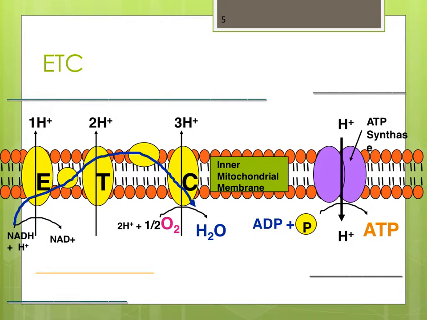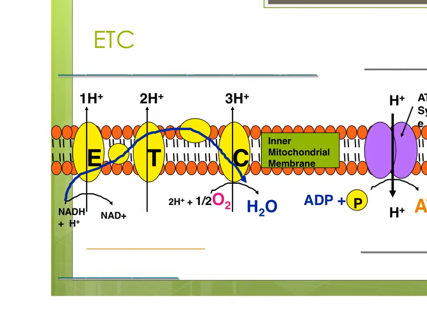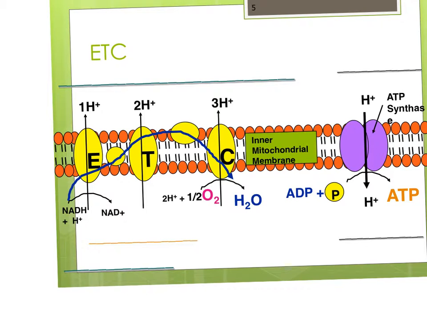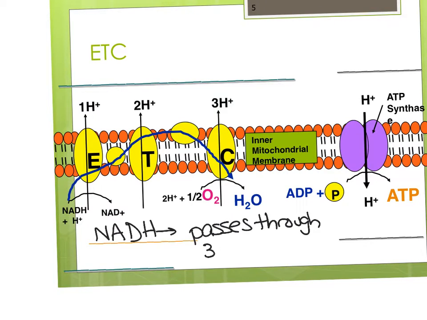Over here, you're going to see that those high energy electrons are being passed through those embedded proteins. Notice that the NADH has more potential energy. It passes through essentially 3 proteins, which means more hydrogen ions are pumped through, which means more ATP is made.